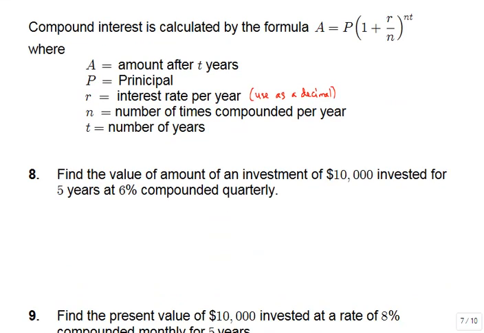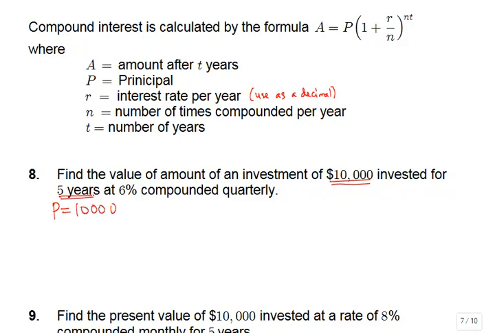So number 8 here, find the value of the amount of an investment of $10,000 invested for 5 years at 6% compounded quarterly. So what do we know? We know that we're investing $10,000. So our principal is $10,000.